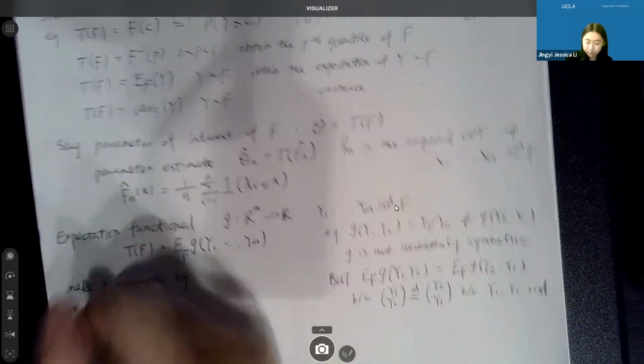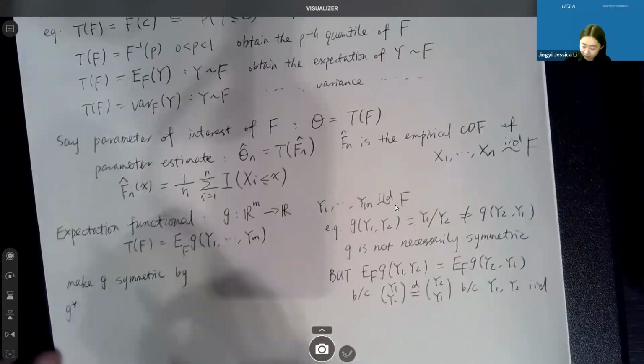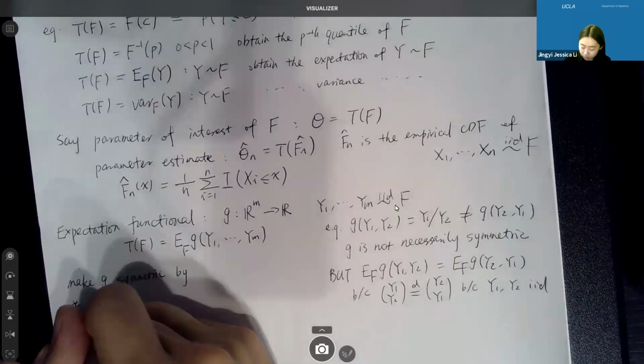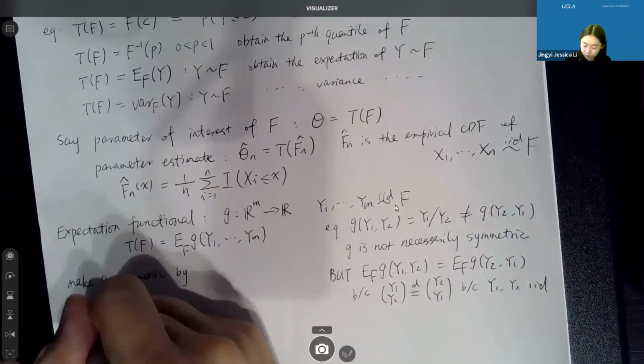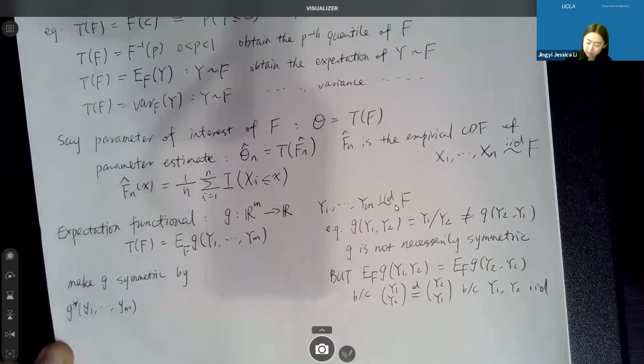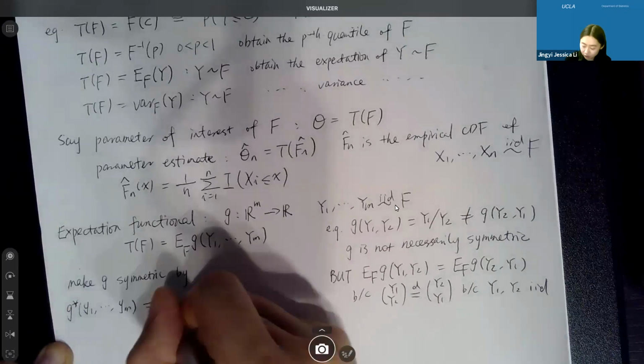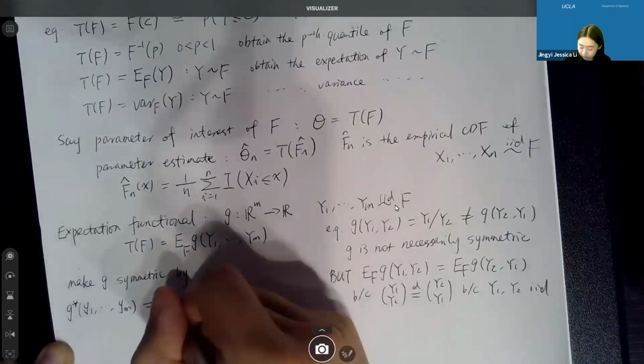In my definition of g star, with m arguments, which I refer to in lowercase as y1 to ym, I define it as the average of all possible orderings.